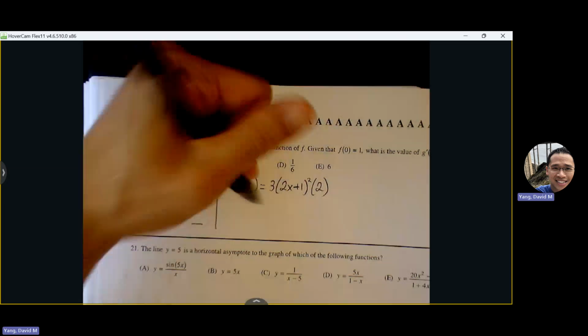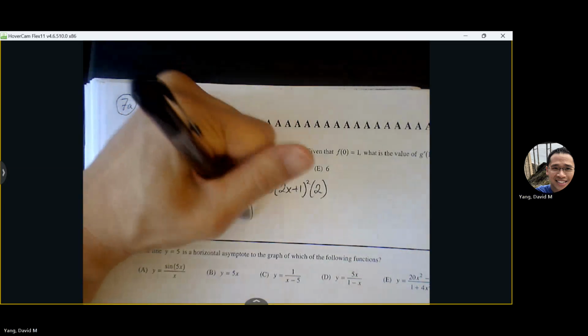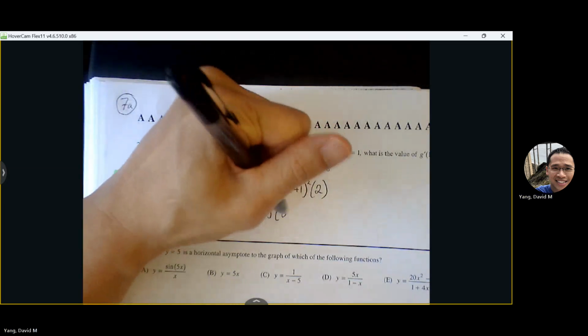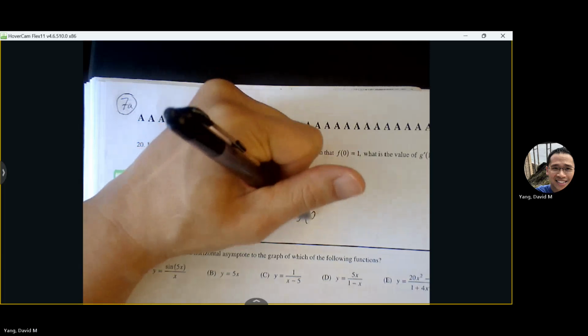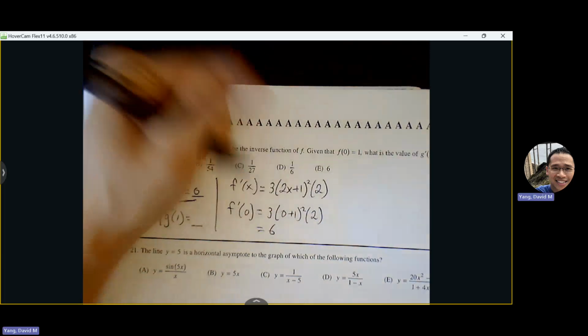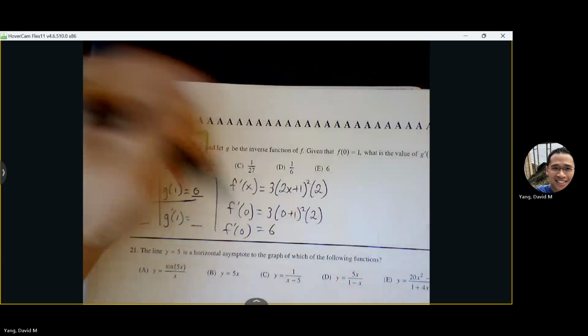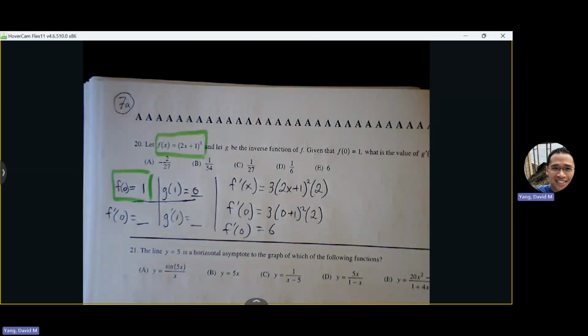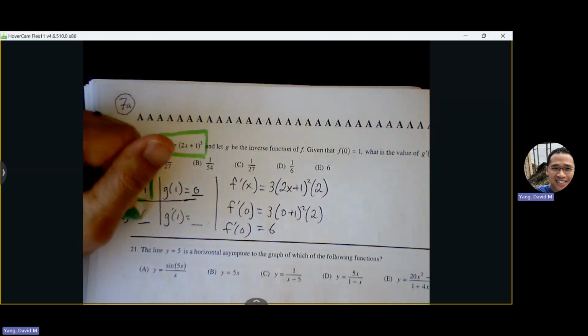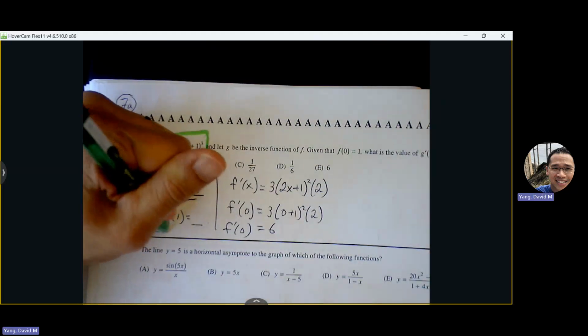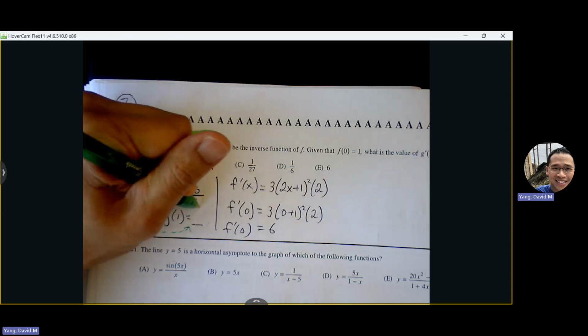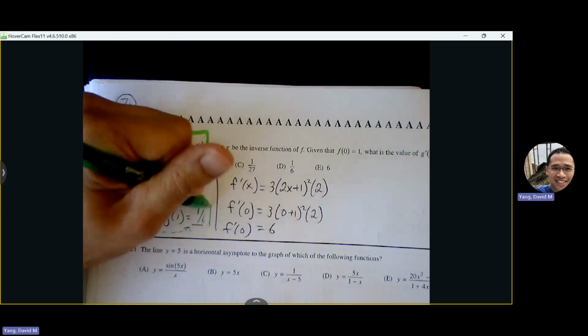Plug 0 in to get my slope. Which gives me 6. So if f prime of 0 is 6, then the slope of g prime of 1 must be 1/6.